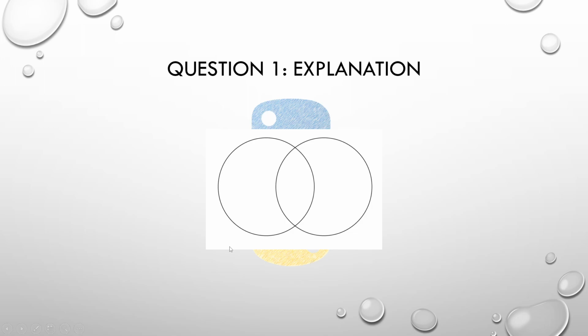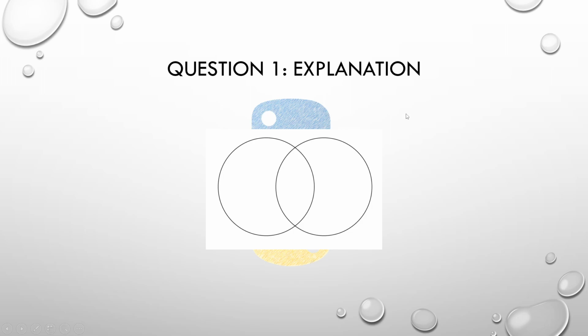So if you remove this intersection and keep just this part of B, that is what is meant by B minus A. Our question says B minus A. B is this whole circle. If I remove this part from it, the rest of it will be B minus A. So B minus A equal to A will hold just for this intersection of A and B.